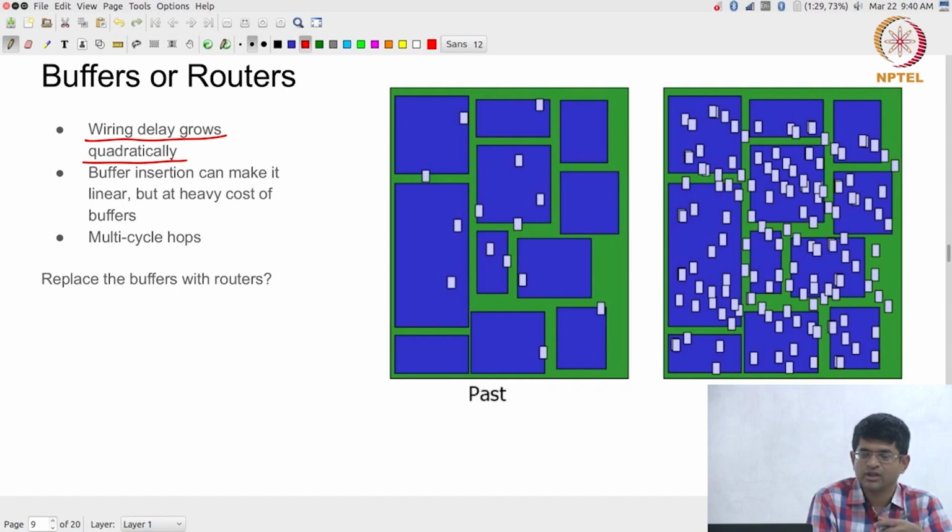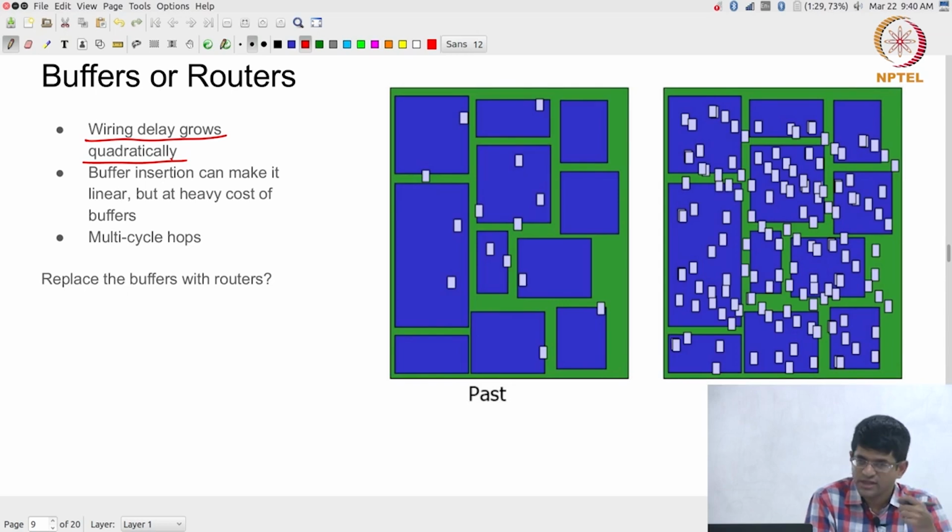If you do the calculation, you will find essentially that you can show that for a given technology, as you increase the length of the wire, the delay through it does not grow linearly with the length of the wire, it grows quadratically.